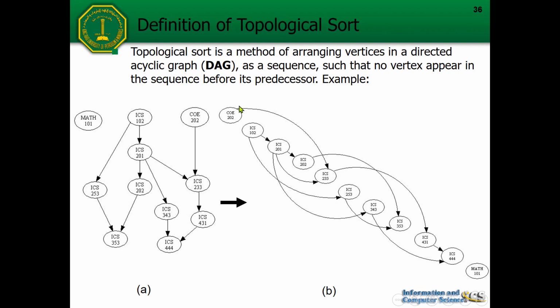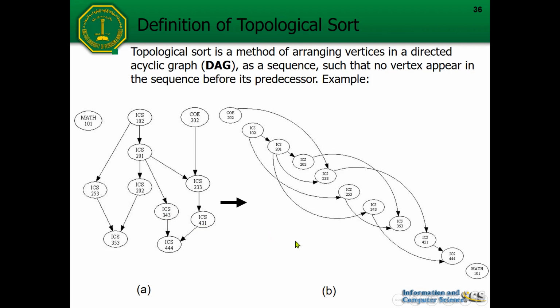The topological graph is actually the same graph as the input graph, but only the vertices have been ordered so that the prerequisite node will appear before the corresponding node. Now for example, we have ICS 444. This course has two prerequisites, ICS 343 and ICS 431.